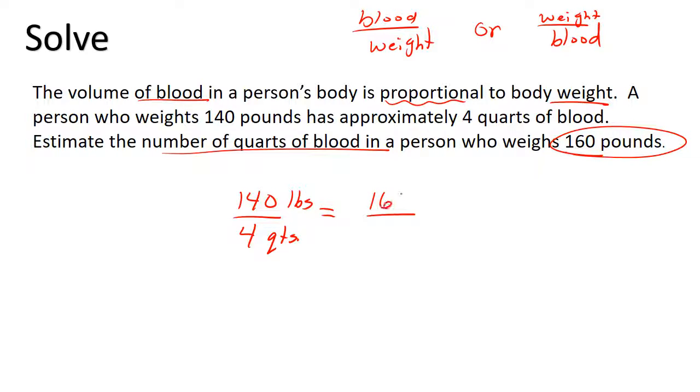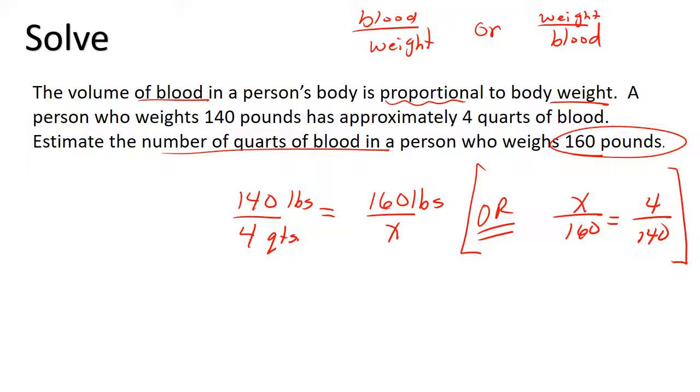It says estimate the number of quarts of blood in a person who weighs 160. Well, since I started setting it up this way, I have to put 160 pounds, and that's equal to x, my unknown. Now remember, I could have set this up a different way. If I wanted to start with the unknown, I could have had x over 160, and then I would have needed 4 over 140. You will get the same answer either way you set it up.